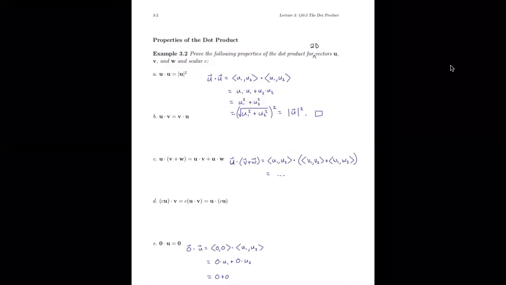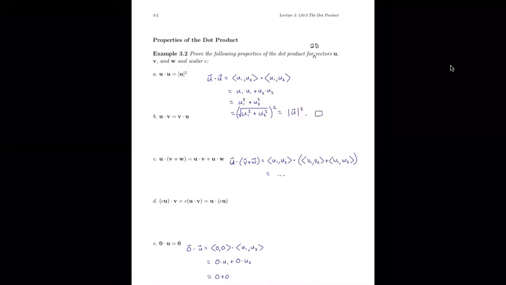So in other words, this square root and this square cancel out, and we get what's above. But if we write it this way, we realize that this line right here is actually the magnitude of u, but squared. Okay? And thus the proof's complete. We started with the left-hand side, ended at the right-hand side, and that's an end of proof symbol. So the demonstration is complete.